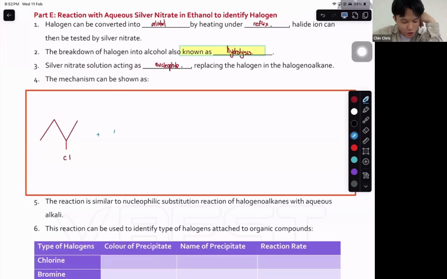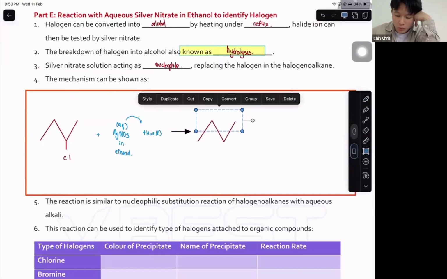Okay, so plus AgNO3. Guys, your silver nitrate has to be in ethanol, remember? Aqueous silver nitrate in ethanol. So basically when you see the word aqueous, it means there is water in it. So this is going to turn into an alcohol.